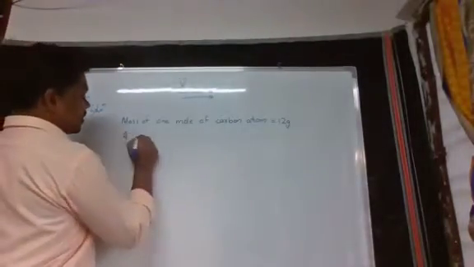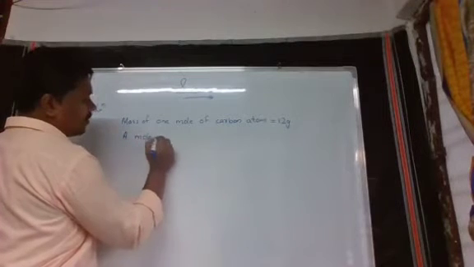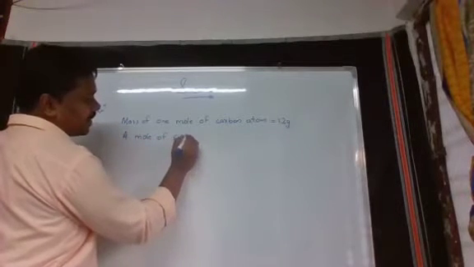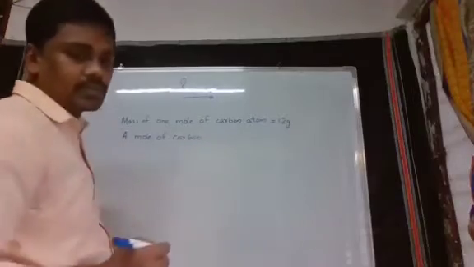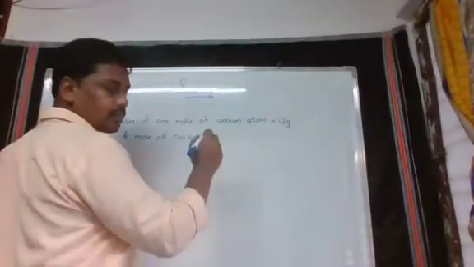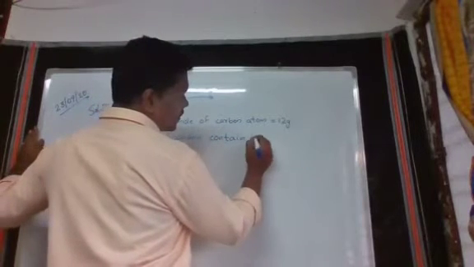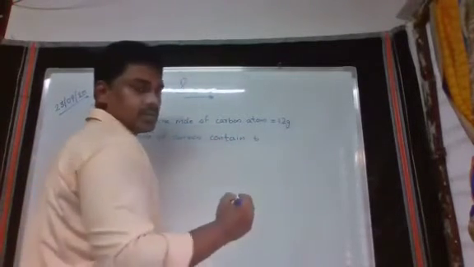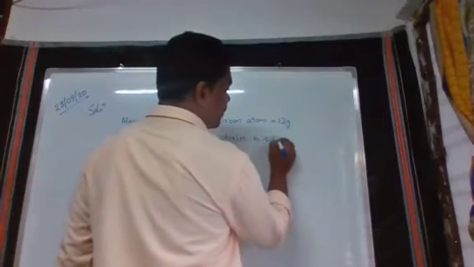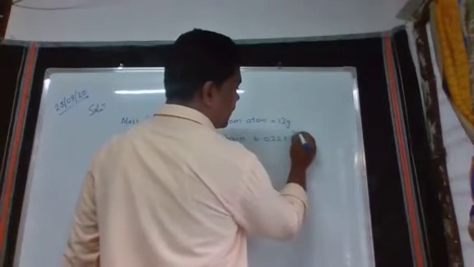A mole of carbon contains 6.022 into 10 raised to 23 atoms.